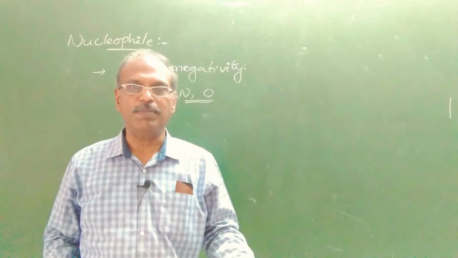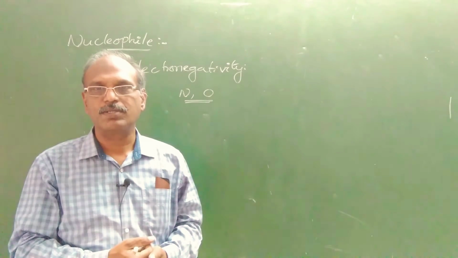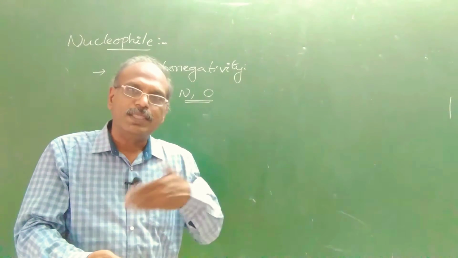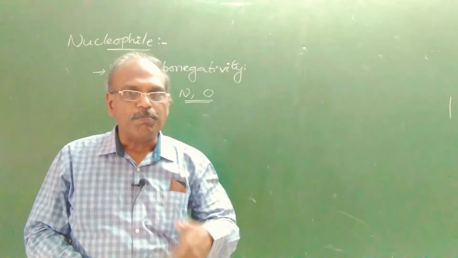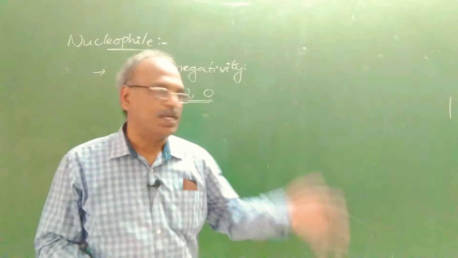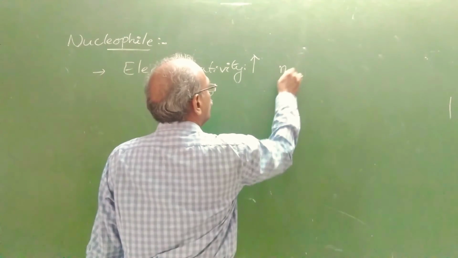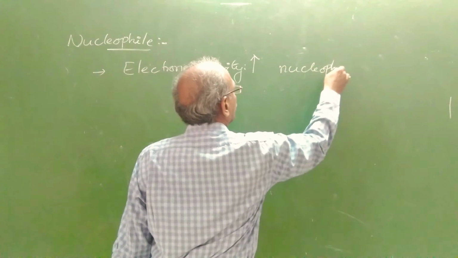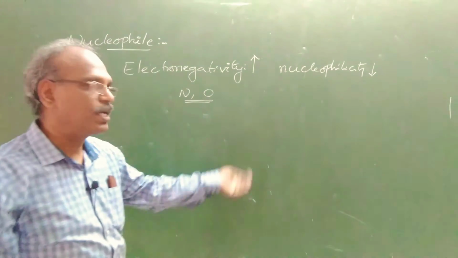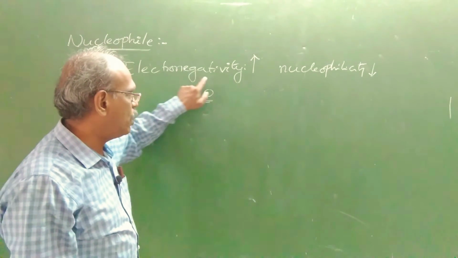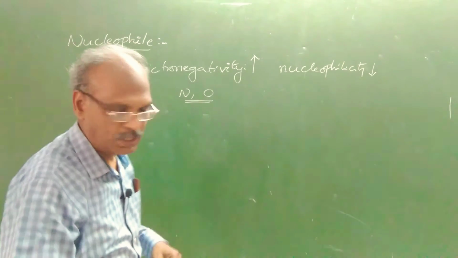Electronegativity is more, means that atom strongly holds the bond pair of electrons. If it strongly holds, then its tendency to give up electron pair decreases. Means its nucleophilicity decreases. Therefore, if electronegativity of donor atom increases, nucleophilicity of that species decreases.